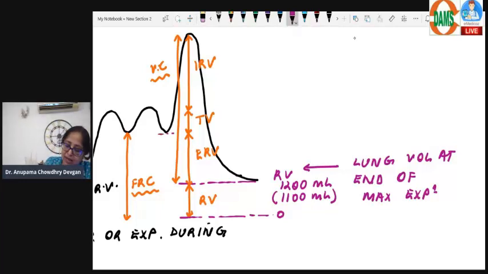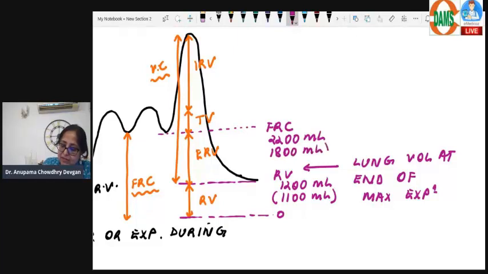What is the lung volume at this point at the end of a normal expiration? This is functional residual capacity. And how much is functional residual capacity? This is 2200 ml in the case of males and 1800 ml in the case of females. What is this functional residual capacity?